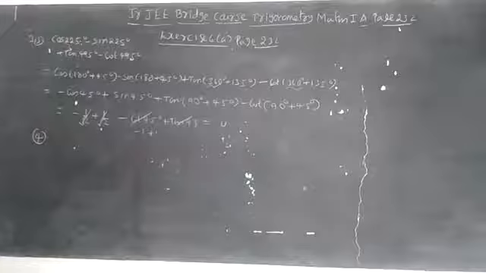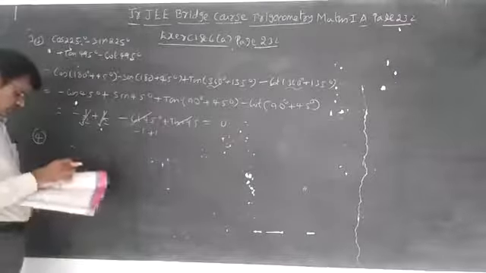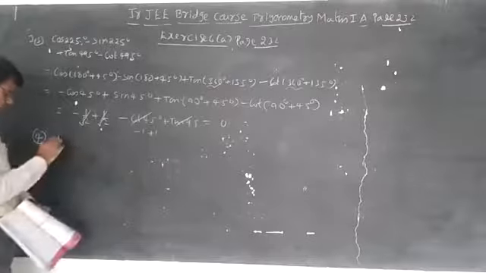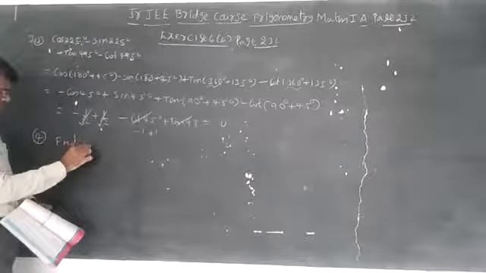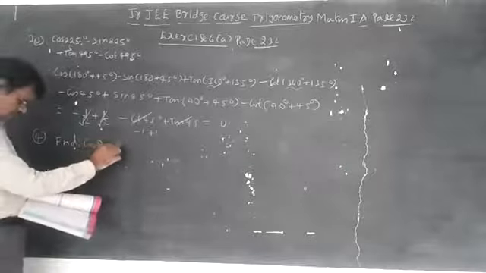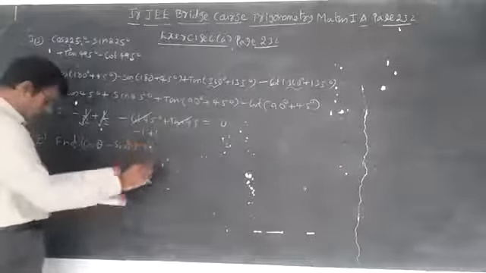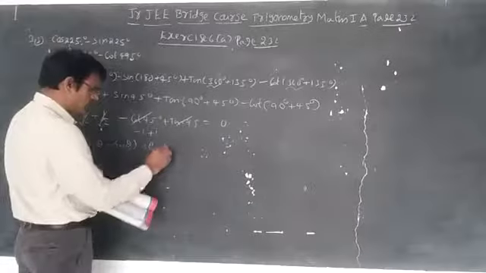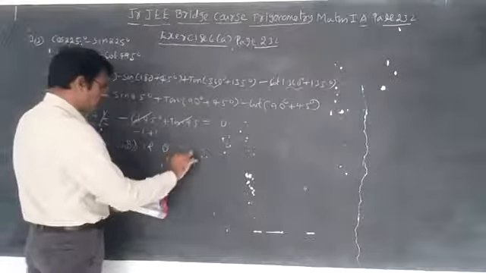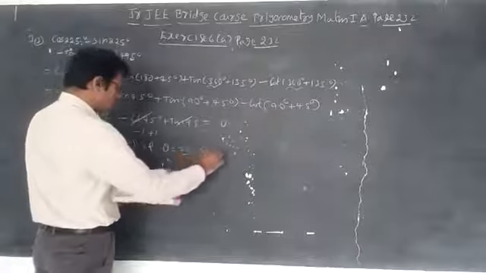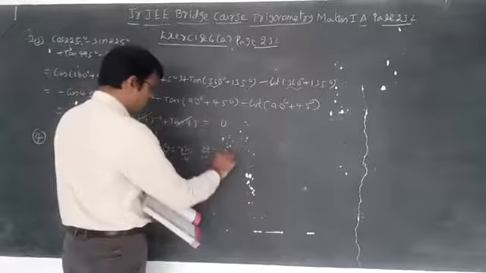The fourth question. Find cos theta minus sin gamma. The condition given: theta is equal to 7 pi by 4, gamma is equal to 11 pi by 3.